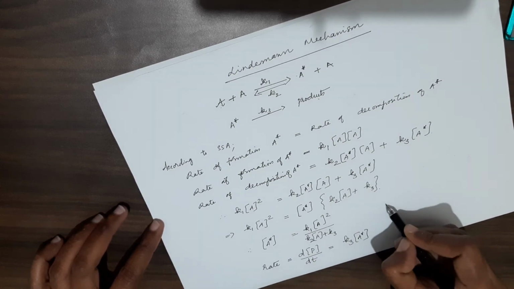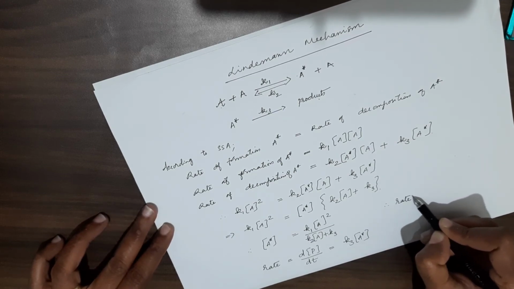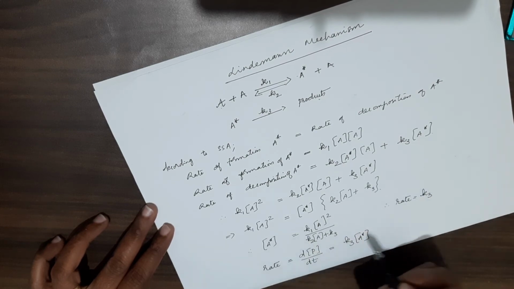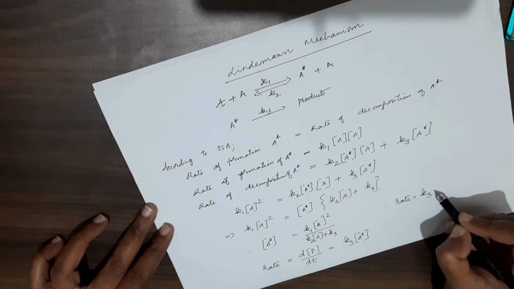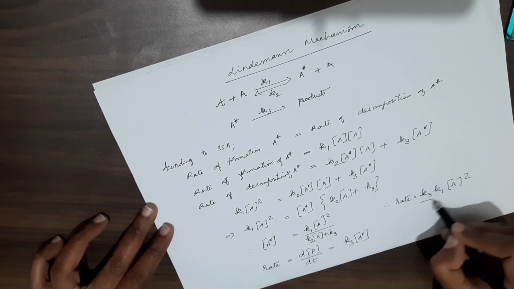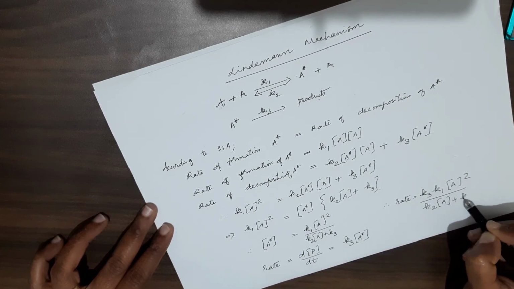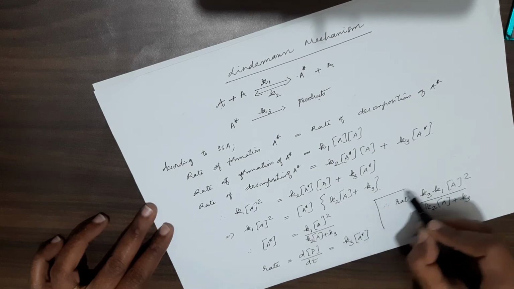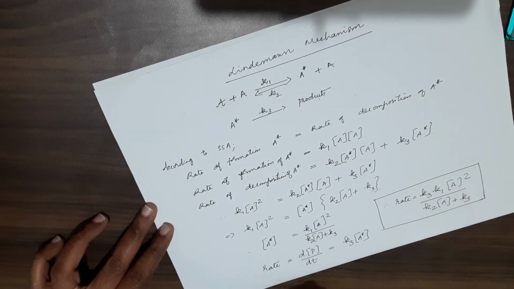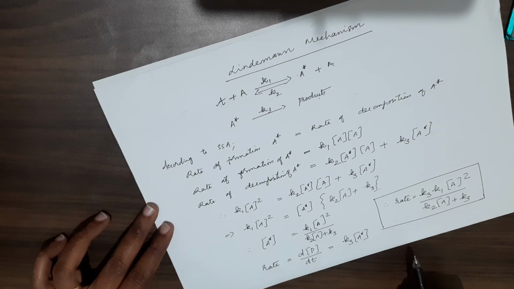So rate is equal to K3, then we substitute for A star, so it is K3 K1 A square divided by K2 A plus K3. This is the rate equation we can calculate using the steady state approximation and the Lindemann concept.